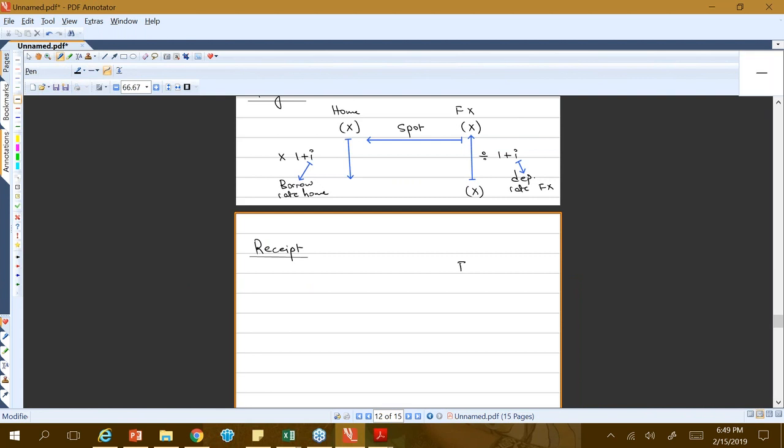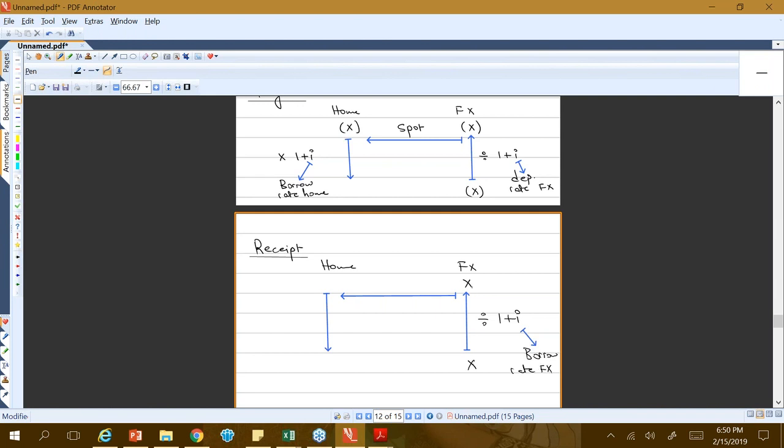We say FX, then home, one, two, three. The first step is still dividing this by 1 plus the I, and I here is the borrowing rate abroad, the borrowing rate in FX.